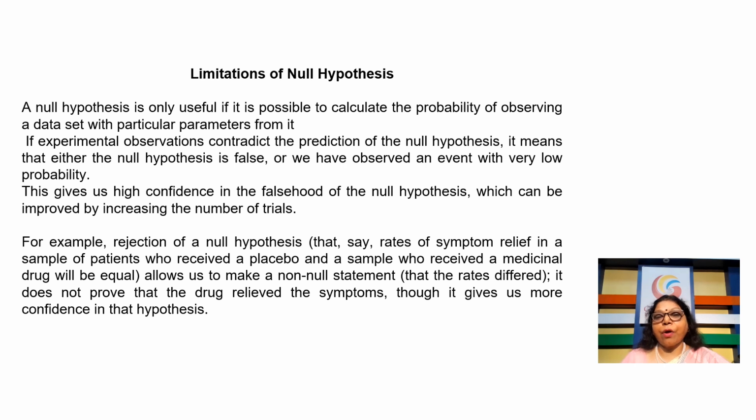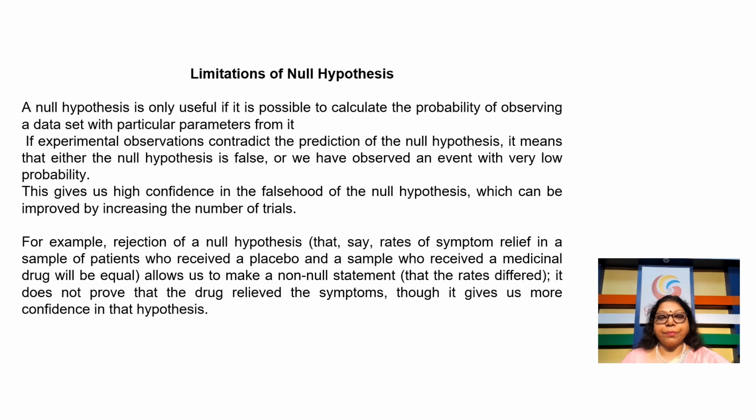This gives us high confidence in the falsehood of the null hypothesis, which can be improved by increasing the number of trials. However, accepting the alternate hypothesis only commits us to difference in observed parameters. It does not prove that the theory or principles that predicted such a difference is true, since it is always possible that the difference could be due to additional factors not recognized by the theory.